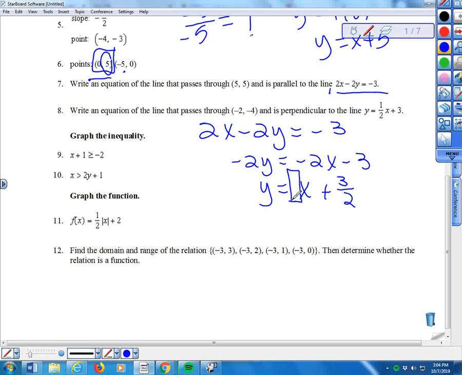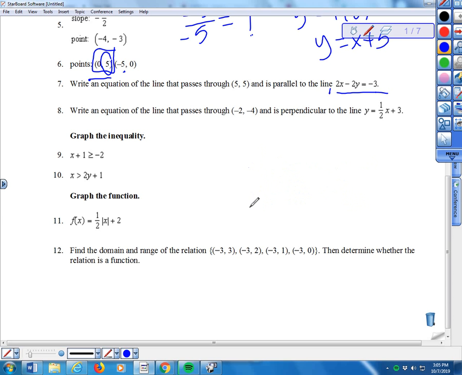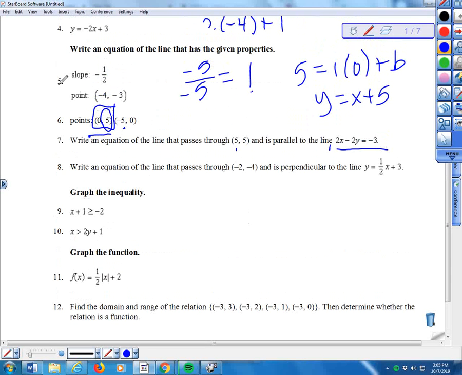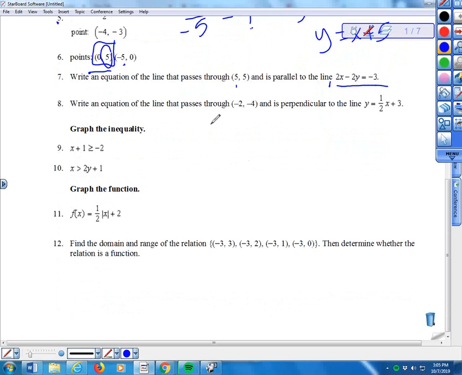Now that I know the slope, if it's parallel, what do I know about the new line? Same slope, right? And I'm given a point. So now this is identical to this problem. I'm given the slope. The slope is 1 because it's parallel, and I know it passes through the point (5, 5). So I take 5 equals 1 times 5 plus b.